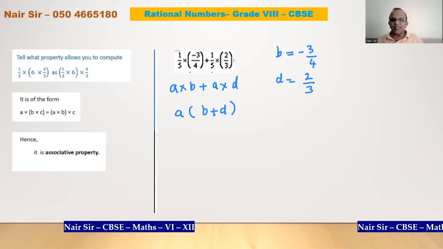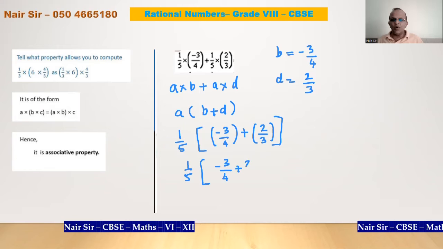And I can solve this as 1 upon 5 into minus 3 upon 4 plus 2 upon 3. And this will become 1 upon 5 into minus 3 upon 4 plus 2 upon 3.